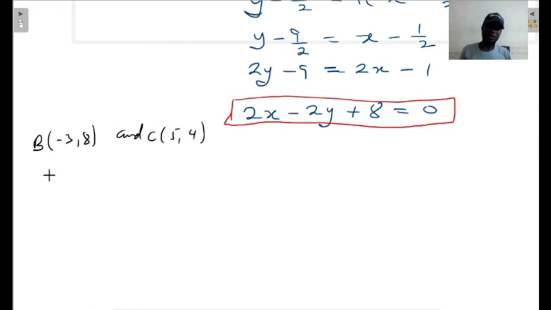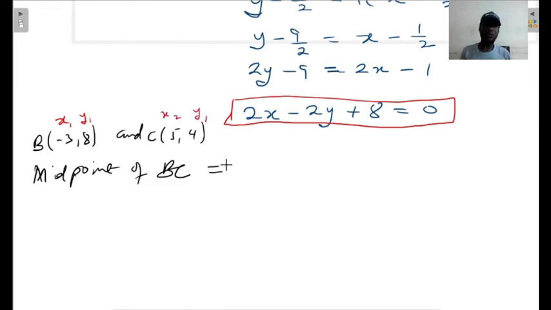We start with the midpoint of BC, and that's going to be just using the midpoint formula. Let me just calibrate to avoid any mistake. x1, x2, y1, y2.